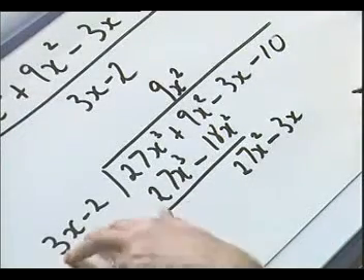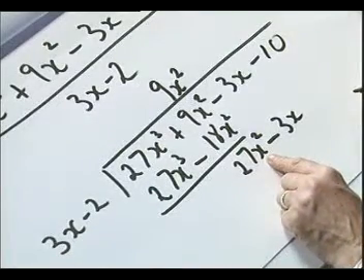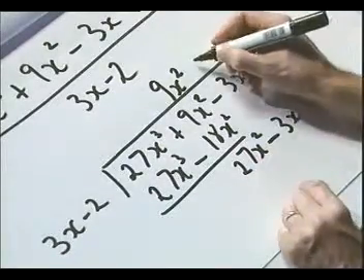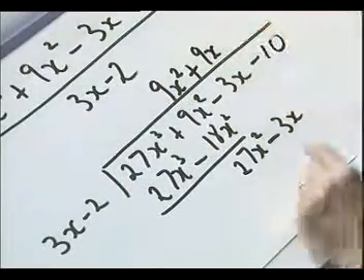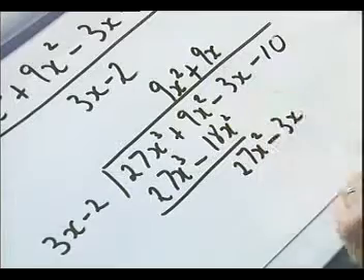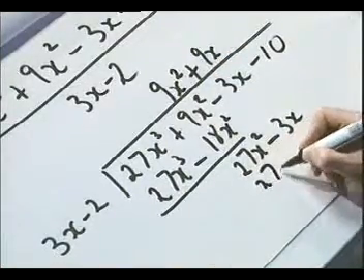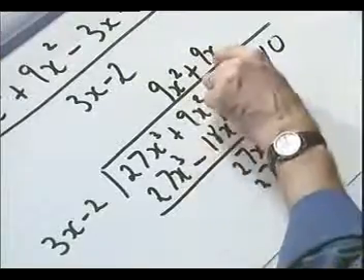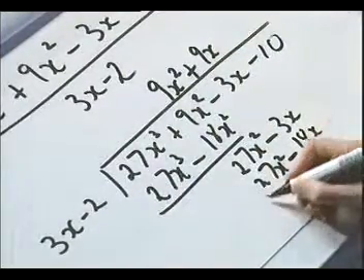How many times does 3x go into 27x squared? Answer, it goes 9x times. And we write that in the x column. So now we have 9x times 3x, 27x squared. 9x times minus 2, minus 18x.